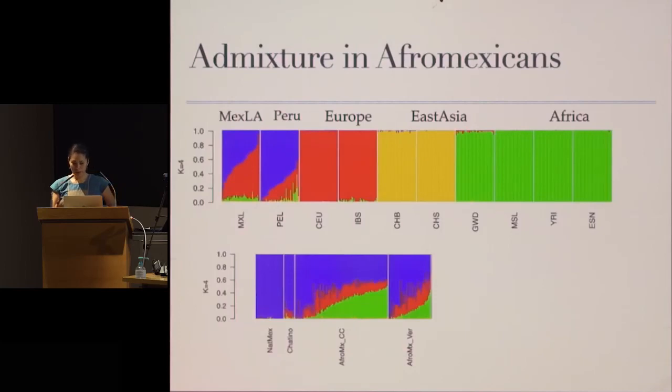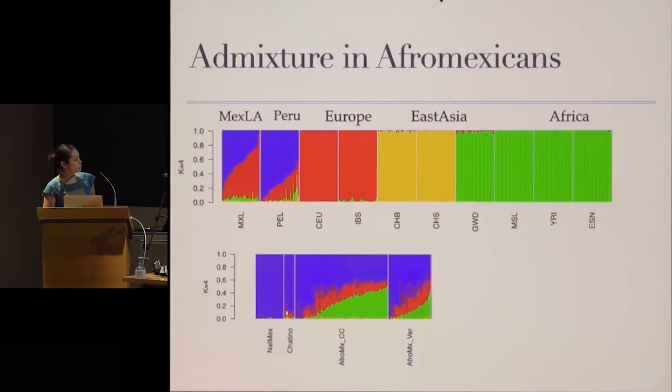And regarding the autosomal data, we have our admixture plot with Mexicans from LA, Peruvians, Europeans, East Asians, and Africans. At K4, we see in Costa Chica and Veracruz way higher values of this green African component compared to the Mexicans, these are from the 1,000 Genomes Project, and these are indigenous from Andres Moreno's study, and Chatino, which is the indigenous group.